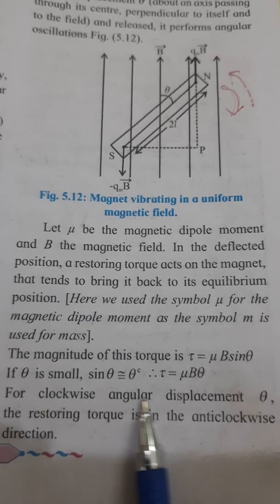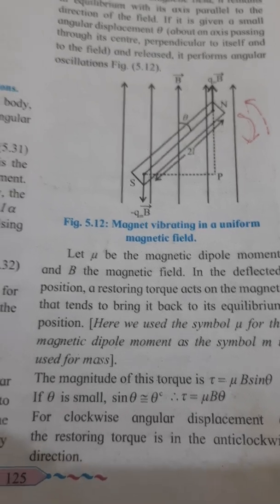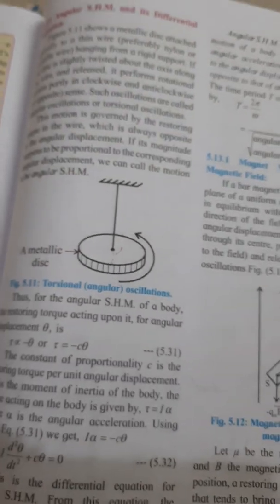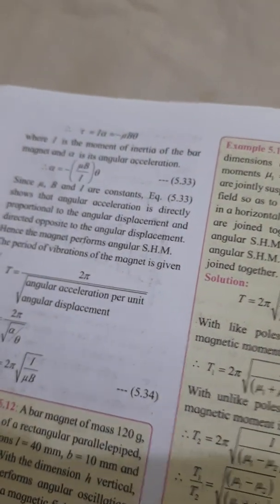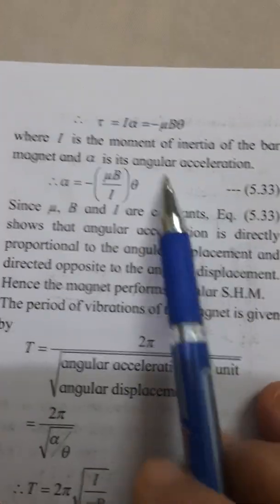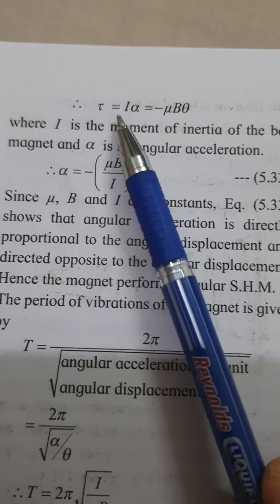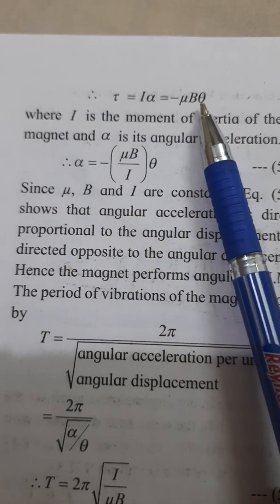If the angular displacement is clockwise, then the torque will be in the anti-clockwise direction. So torque equals I alpha equals minus mu B theta.